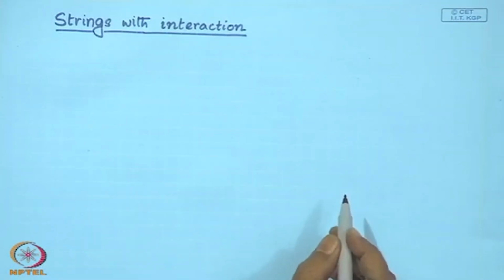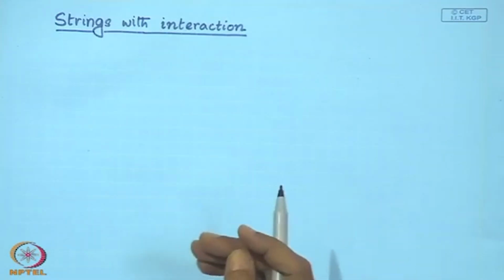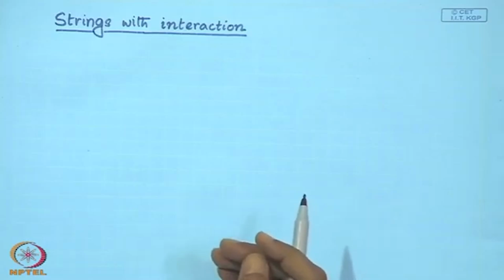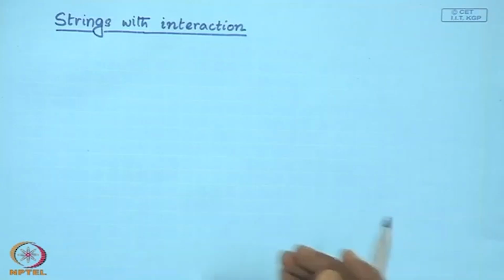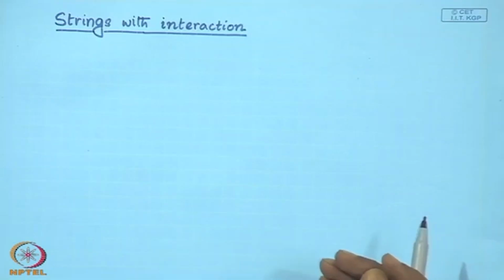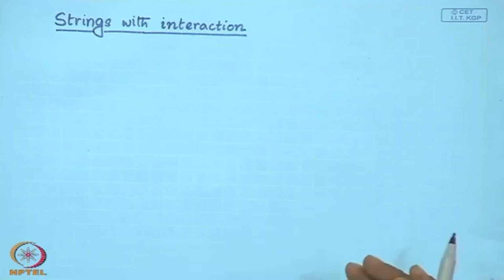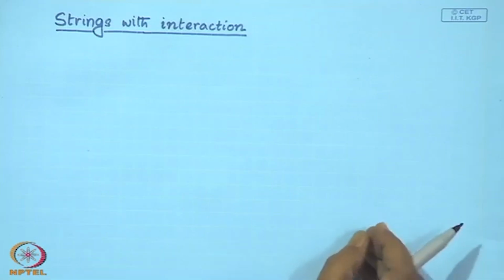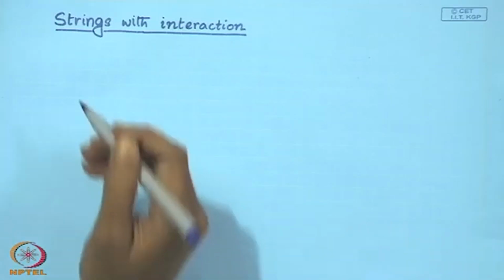By the term interaction I would mean that the string is in contact or is connected to another system or an actuator, or it could be a passive system like an absorber or a damper. So, let us look at some examples of strings with interaction.